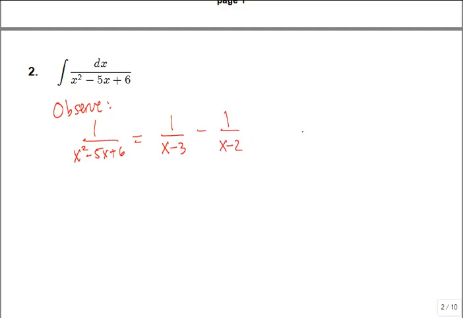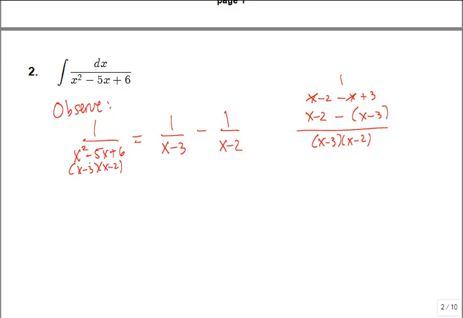And that's true because if you get a common denominator on that right-hand side, then the numerator over here would become x minus 2, and the numerator over here in parentheses would be x minus 3. And when I distribute my negative across, the x's cancel, and negative 2 plus 3 is 1. So that's exactly what this is on our left-hand side. So this statement right here is true. You can verify that with some algebra.